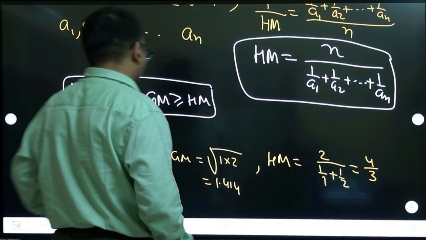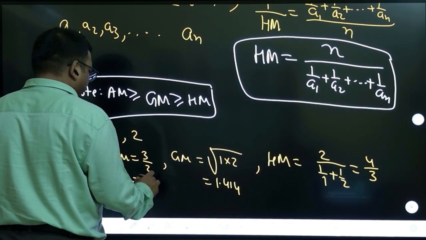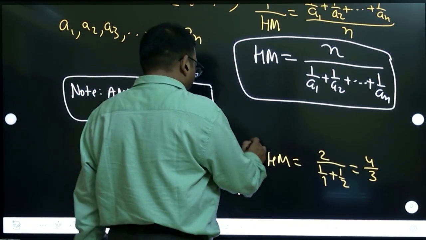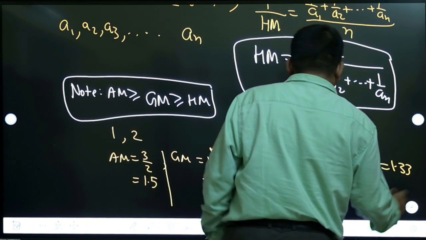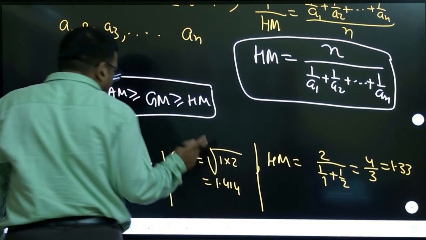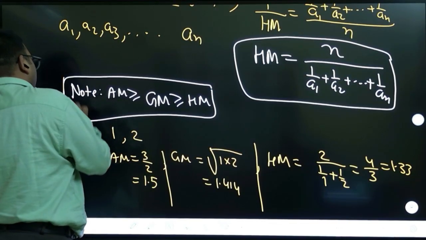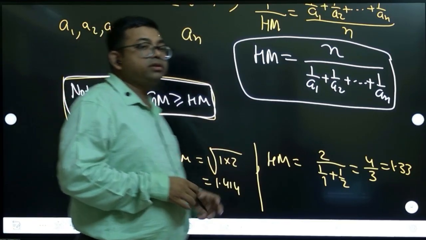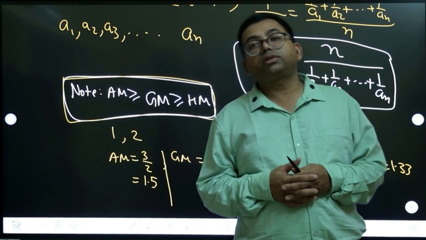Now check: this is 1.5, this is 1.414 and this is 1.33. So 1.5 is greater than 1.414 is greater than 1.33. This idea is valid in general, it's a math result. So now we have covered sequences and series.